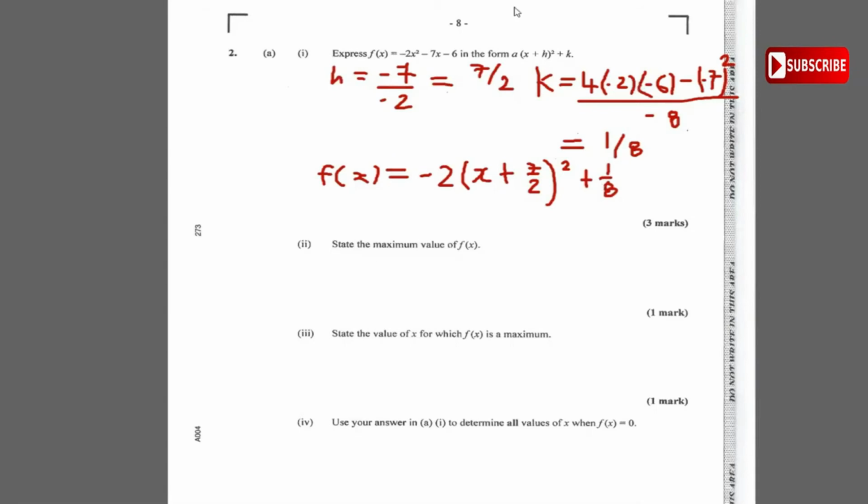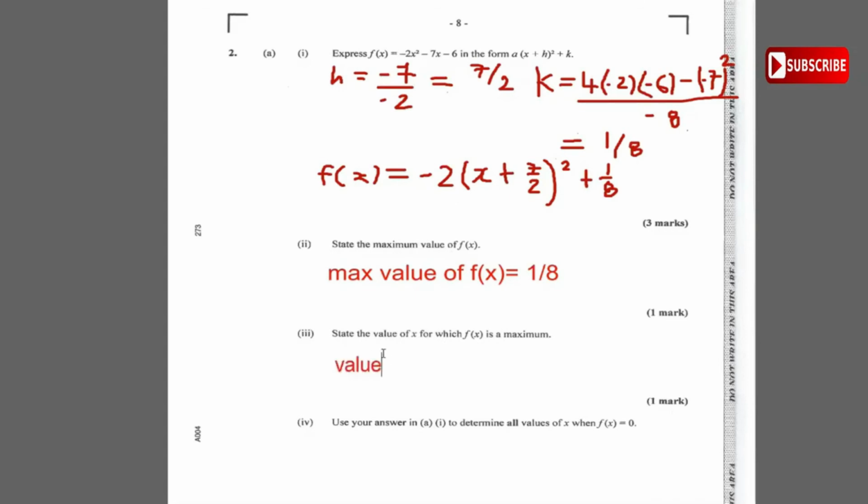It says now state the maximum value of f of x. So the maximum value of f of x is actually going to be equal to 1 over 8. Then it says state the value of x for which the maximum occurs.